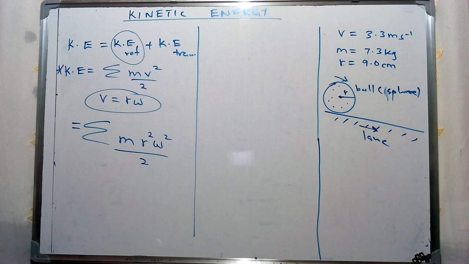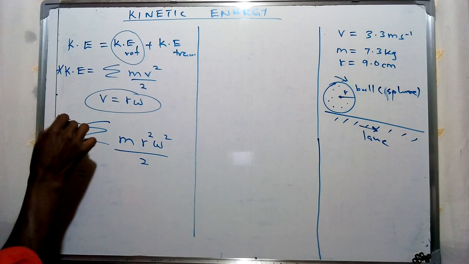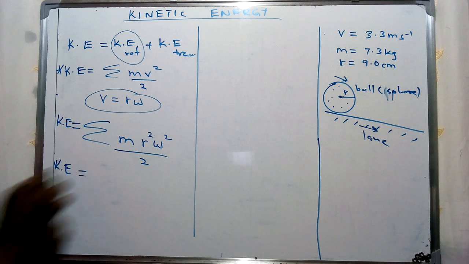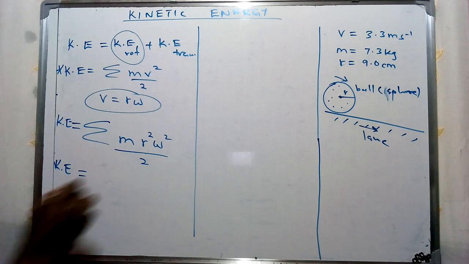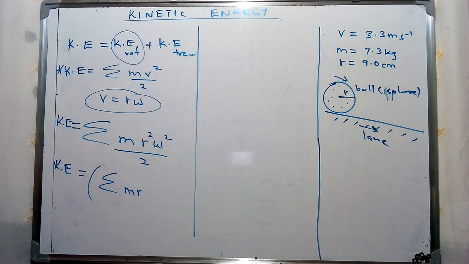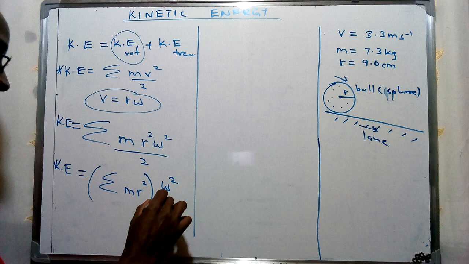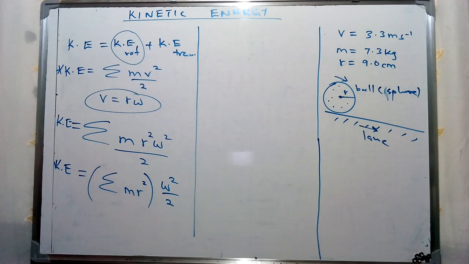We can rearrange this equation to have the rotational kinetic energy given as the summation of m r squared, multiplied by omega squared over 2.